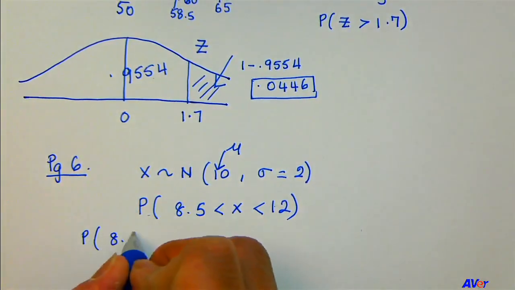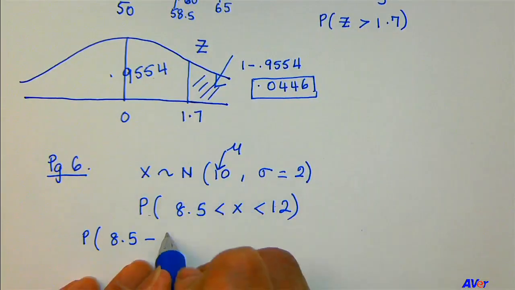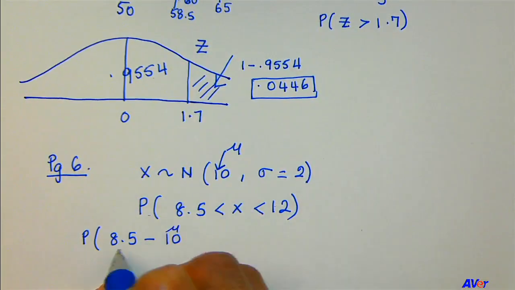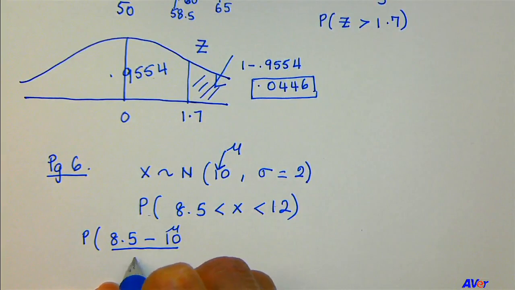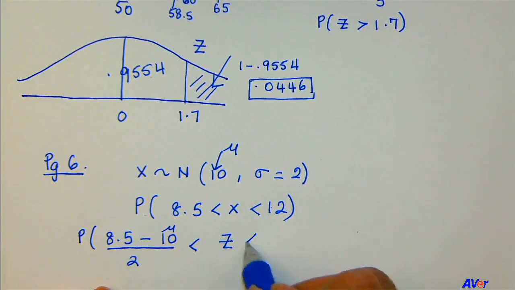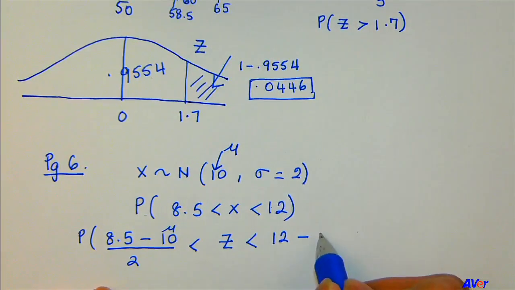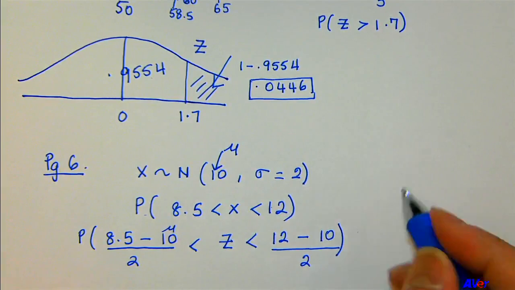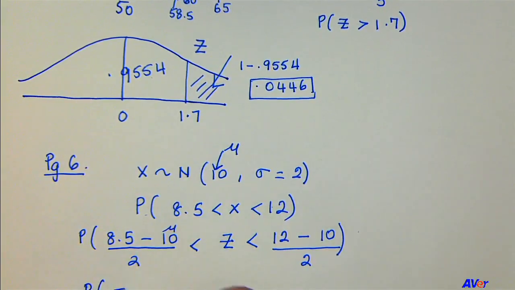Probability 8.5 minus the mean divided by sigma, less than z, less than 12 minus the mean divided by sigma. So it's probability minus 1.5 divided by 2 is 3/4, so minus 0.75, less than z, less than 2/2 is 1.